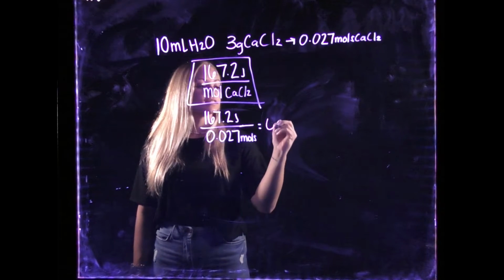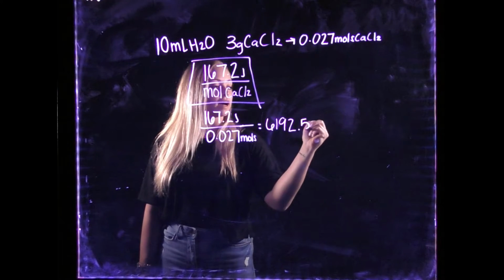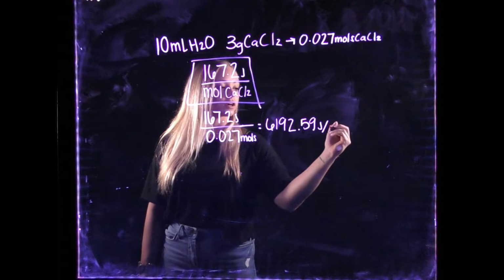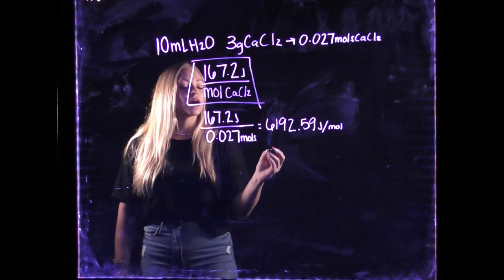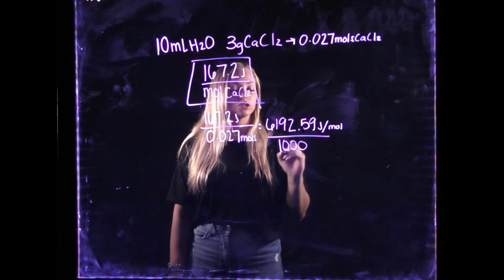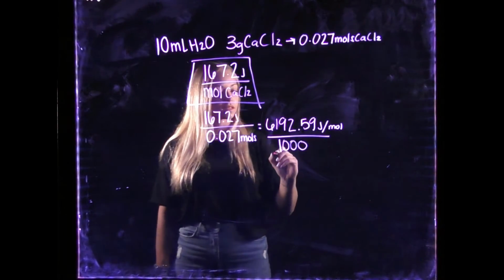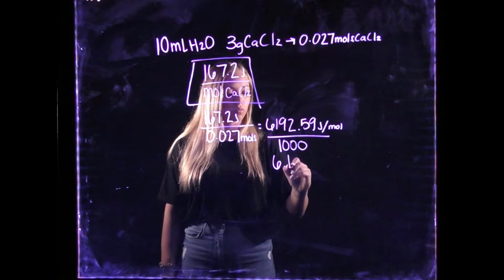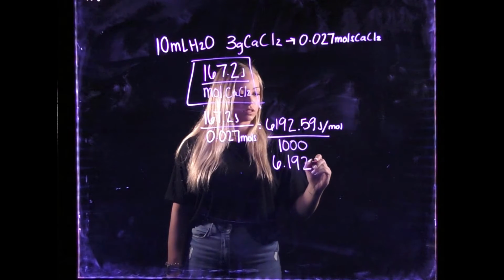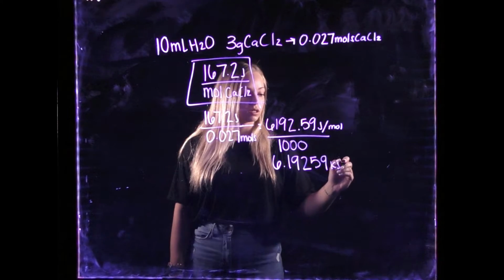That gives us 6192.59 joules per mole. Now we will divide this by 1,000 so we can get kilojoules per mole, because that's how it's normally written in the literature. So that gives us 6.19259 kilojoules per mole.